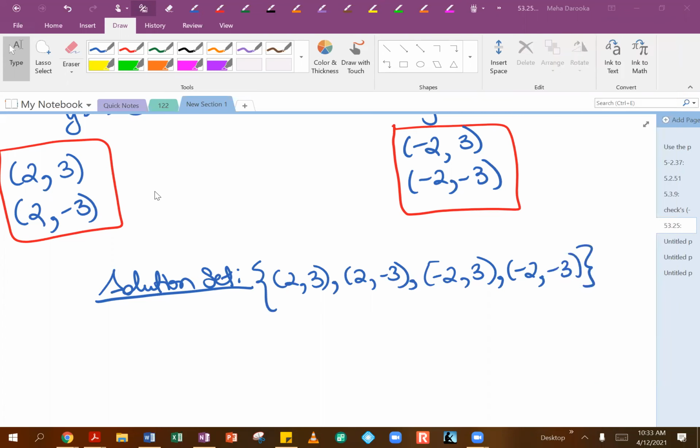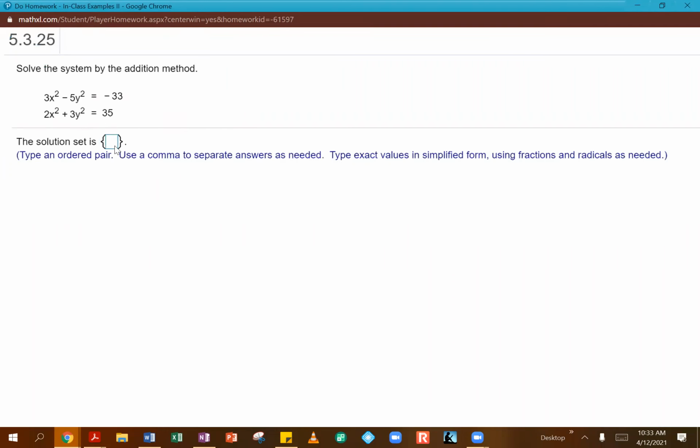Alrighty. So let's go ahead and put these in. What happened? There we go. Okay, so positive 2, positive 3. Then I'm going to keep the 2, but make it negative 3. And now let's change it to negative 2, positive 3.